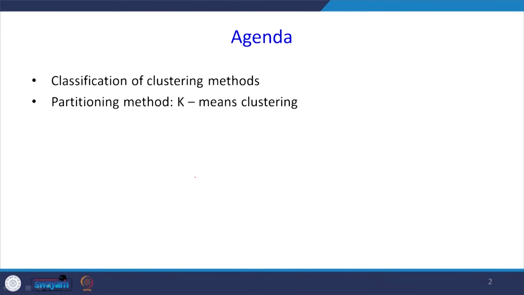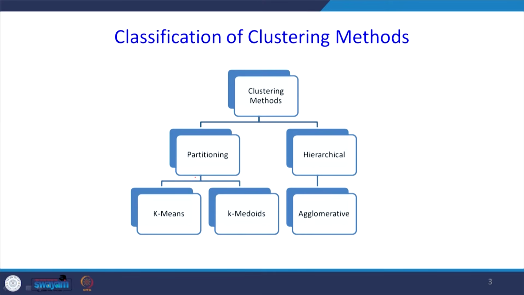So, the agenda for this lecture is the classification of clustering methods, under which the partitioning method, k-means clustering, we will see in this class. This picture shows the classification of clustering methods. Clustering methods are generally classified into two categories: one is the partitioning method, another is the hierarchical method.